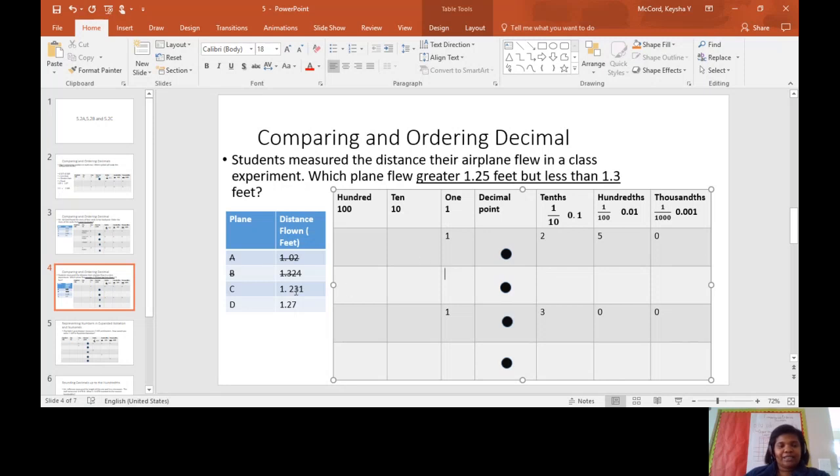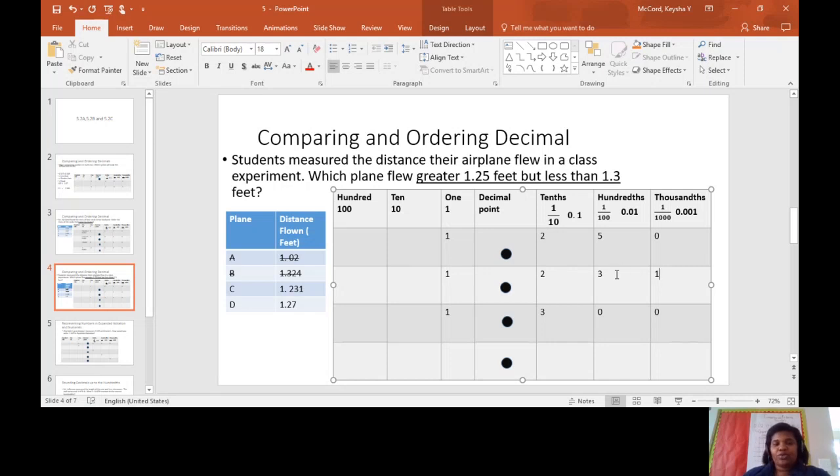Let's look at plane C. I'm going to do the same thing. I don't want it to be smaller than this. I want it to be bigger than this and smaller than 1 and 3/10. So 2 and 2, they're equal. Okay.